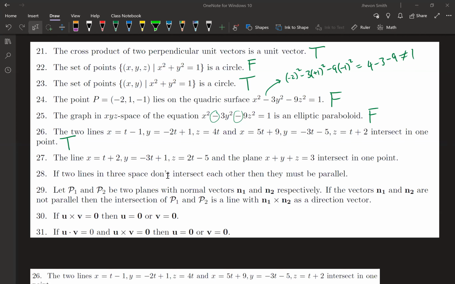Okay, let's stop right there. We have 91% believing that that is false.